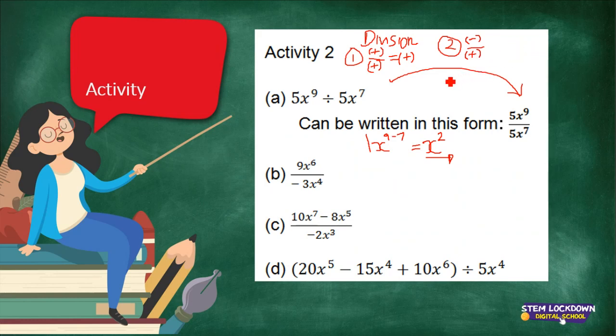For example, negative 2 divided by 2, right? Your answer is negative 1. So in this case, the answer is negative. If you're dividing a negative and a positive, your answer is negative, right? Okay, let me just clear up some space.